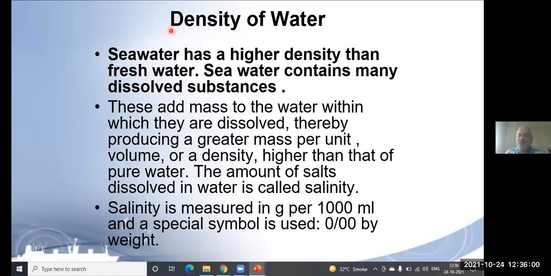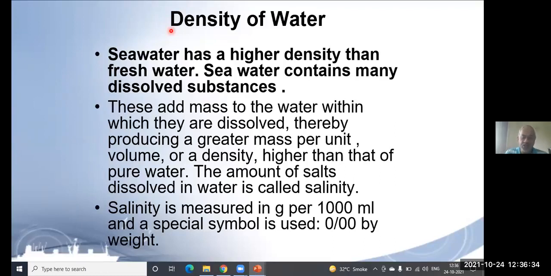Fantastic. So from seawater of 1025 density to freshwater in the river, the draft will change by 20 centimeters. You will have 20 centimeters more draft when the ship goes into the river. And vice versa, river to sea, you will have a 20 centimeter reduction of draft. And this is called freshwater allowance.